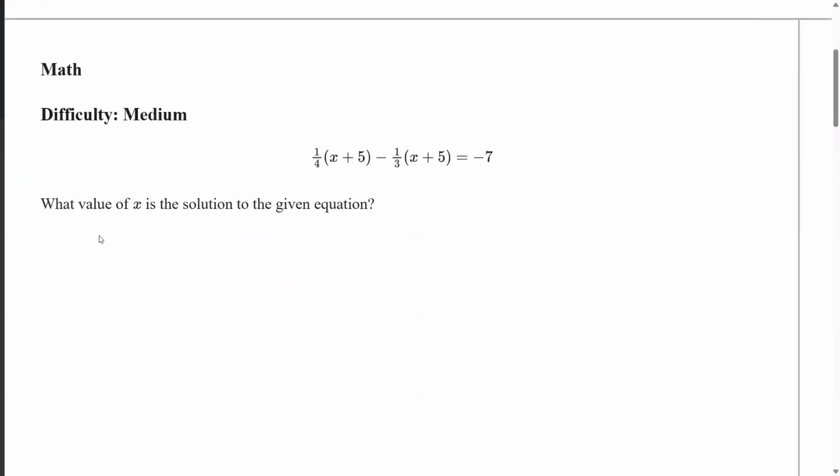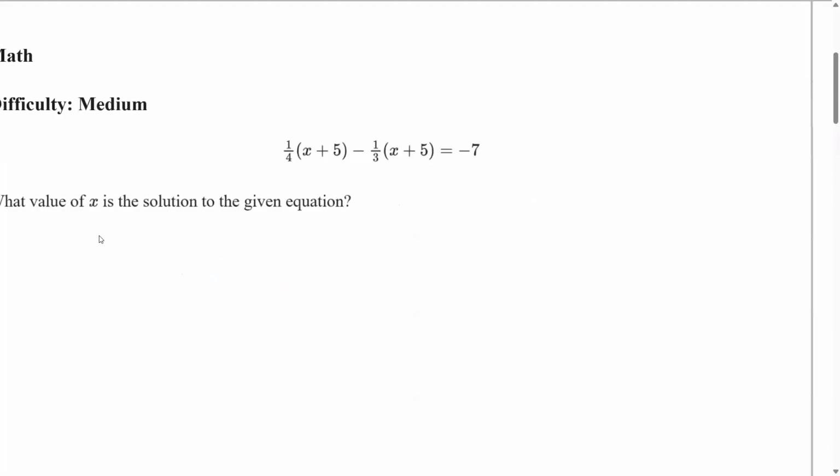It wants you to find x. Let's find x. You will open the parentheses.